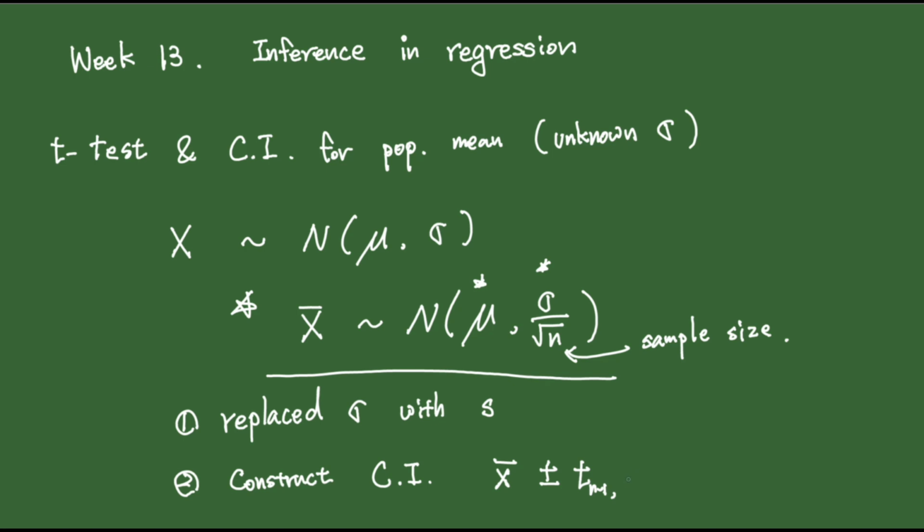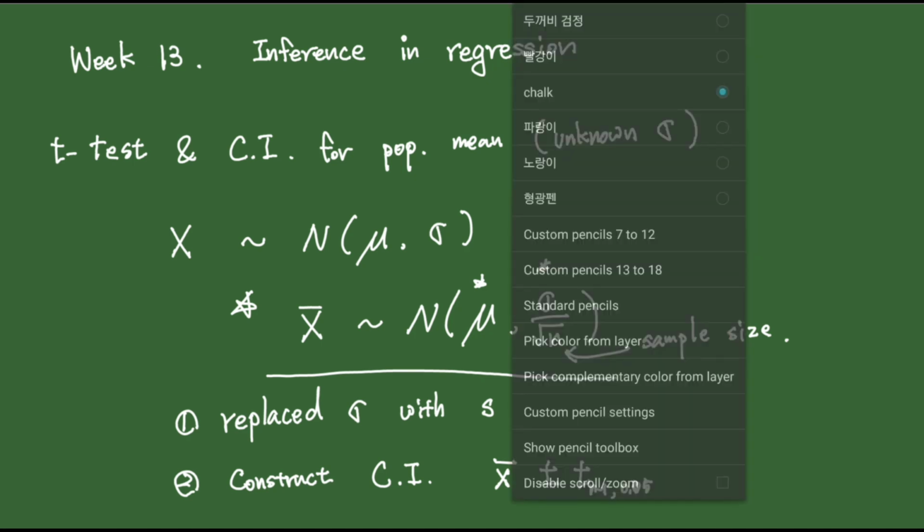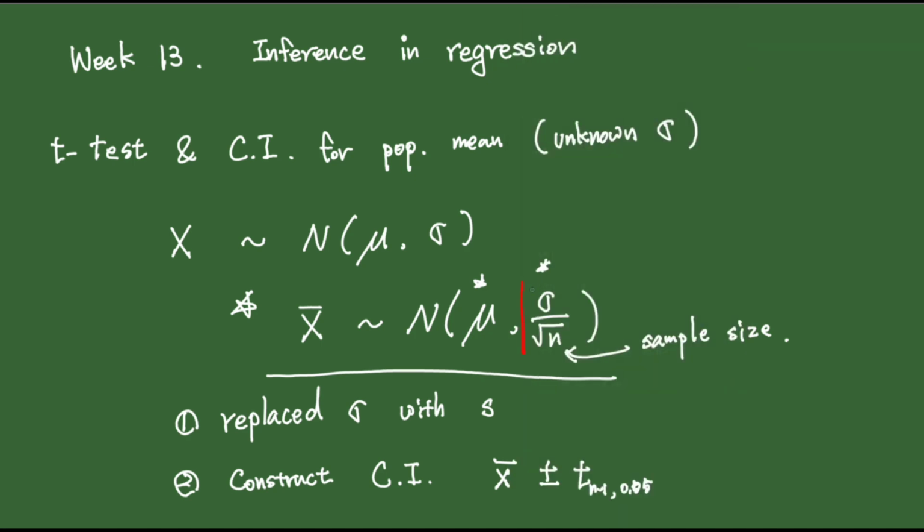If we want to construct a 95% interval, then I set alpha as 0.05, which is the number that makes 1 minus alpha equal 0.95. And then we write down this part here.